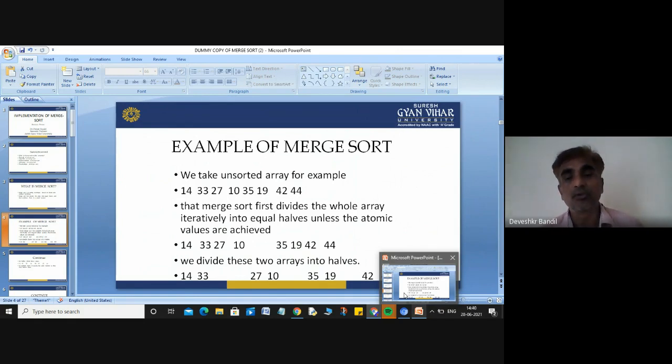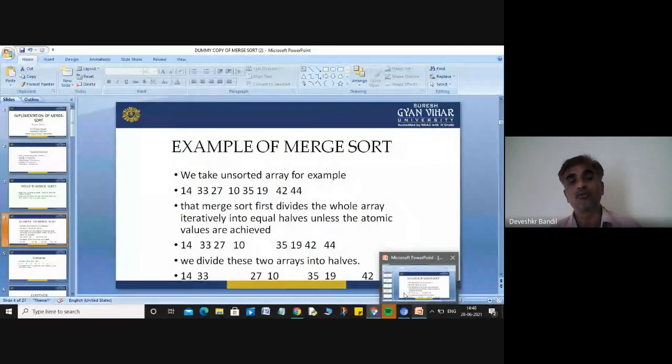So you divide the array into equal halves: the first half of 4 items and the second half of 4 items.